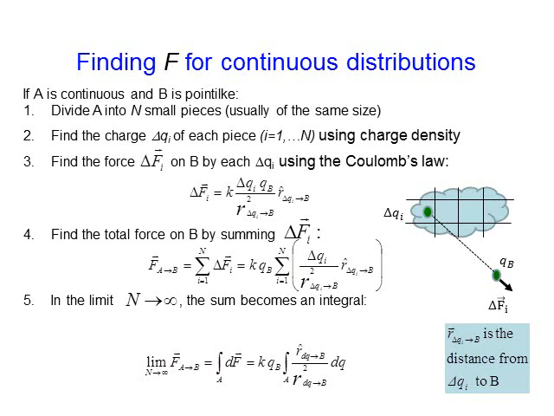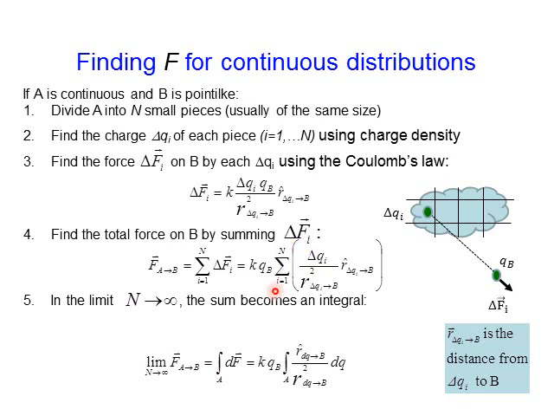Any piece has a charge delta Q, and Coulomb's law applies to the force delta Fi exerted by charge delta Qi on B. So we can write down that delta Fi is equal to K times delta Qi times QB divided by the distance between delta Qi and B squared, multiplied by the vector r hat pointing from delta Qi to B. Then we can find the total force on B by summing over all such elementary forces delta Fi. We get a formula on the right-hand side which is quite complicated.